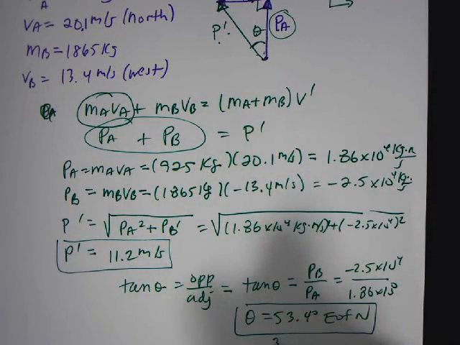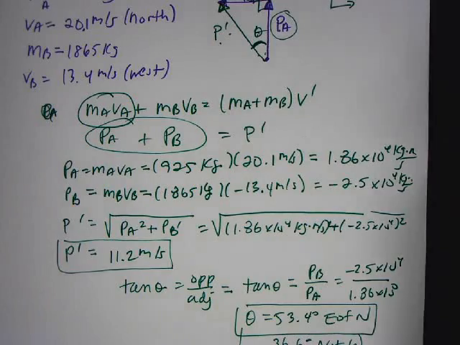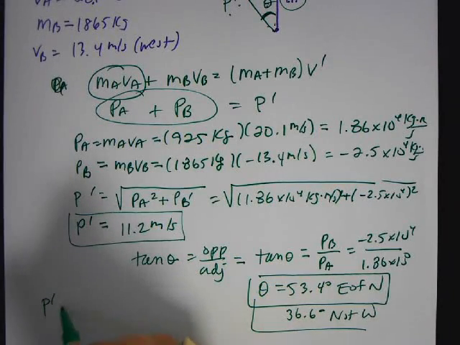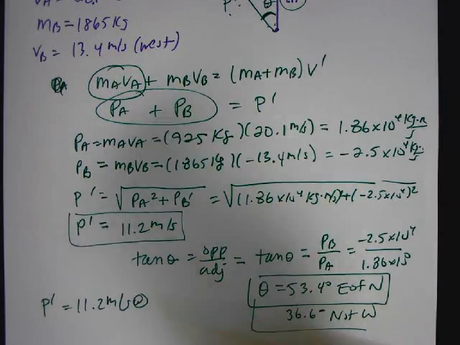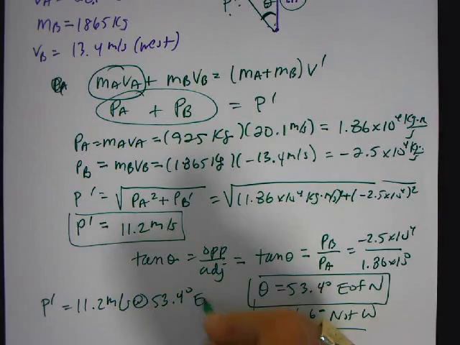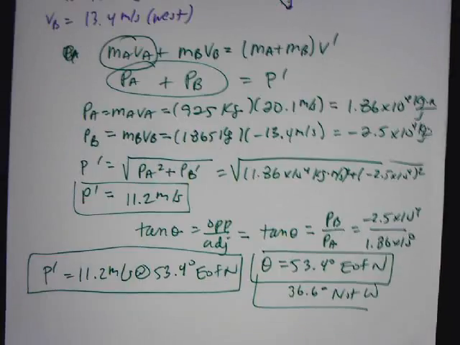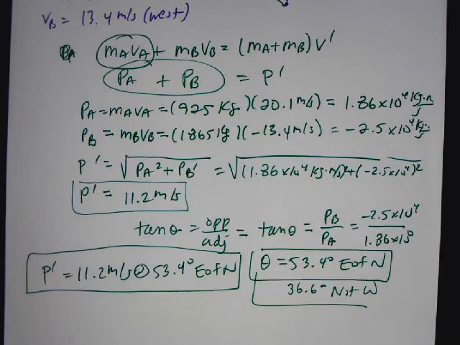Or I could write 36.6 degrees north of west, because those mean the same thing. That's this angle in here. So my final answer would be P prime is 11.2 meters per second at 53.4 degrees east of north. And that would be my final answer. And that's it.